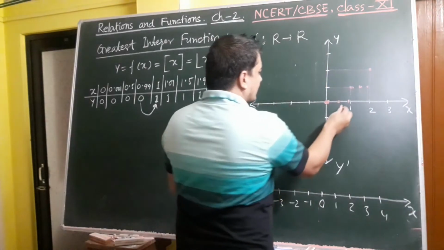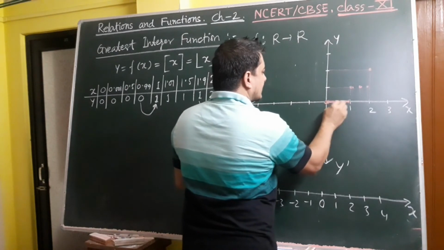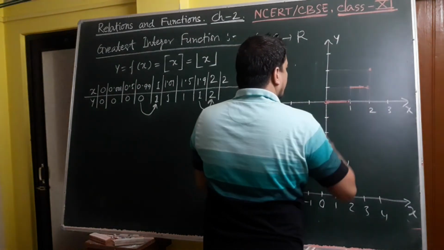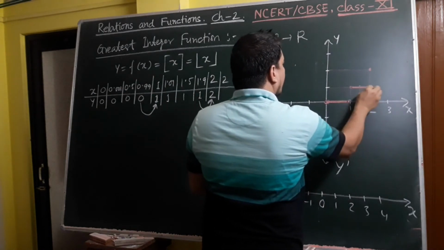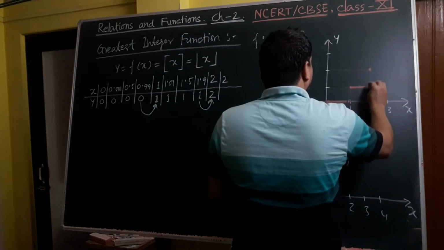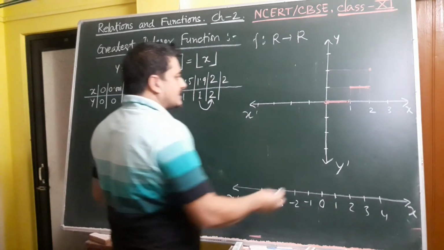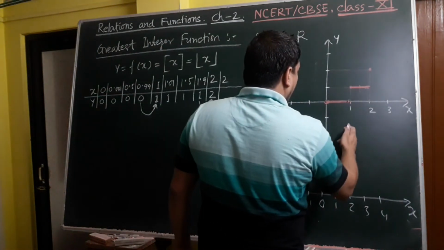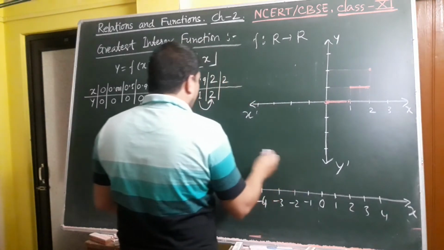So I can connect all these points. So you see already this point, this I have connected, like this. Now look at this point at x is equals to 1. What is the equation?